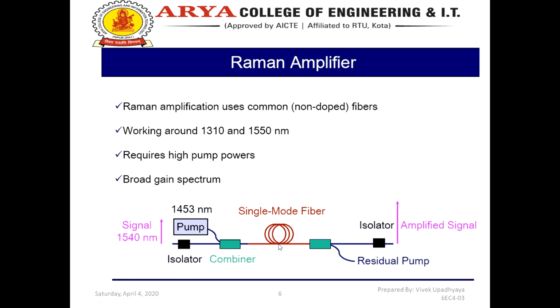Suppose we have a signal at 1450 nanometer and the pump at 1453 nanometer. It is an isolator. Here both signals are combined with the combiner. Now this is a single mode fiber. Here we can see the residual pump energy, and it is an isolator again, and here we get the amplified signal.